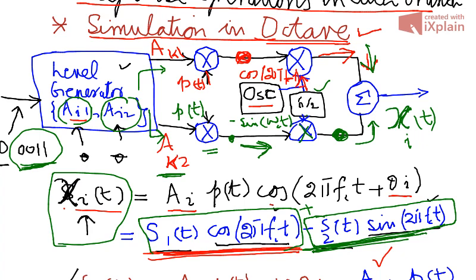This is your S1 of t here, and this is your S2 of t here. These are the two parts which are multiplied with the sine carriers, and finally you get the QAM modulated symbol. So this is how the QAM modulator works.